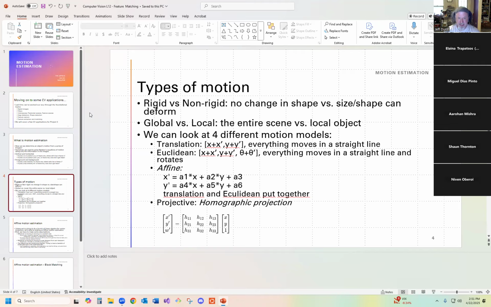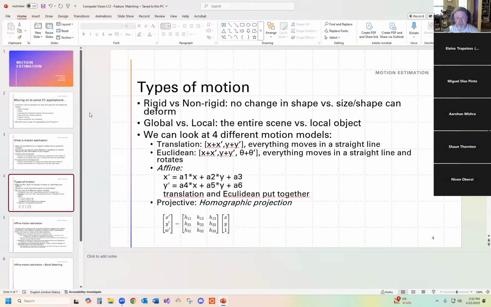Or there's non-rigid motion, where it can deform. Think of a human running: that's an object that deforms because the legs are moving and the arms are moving, so the size and the shape are changing. Versus a football, which is going to be football shape regardless of its motion.